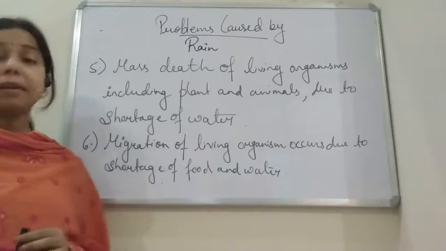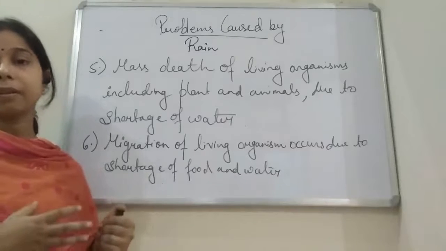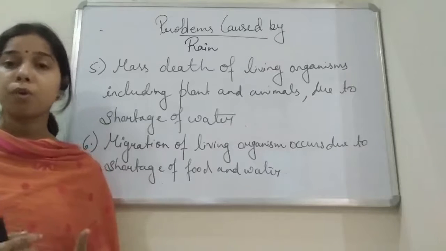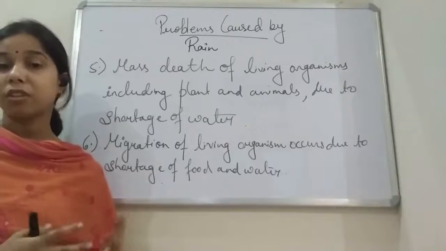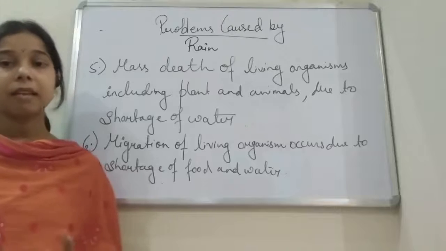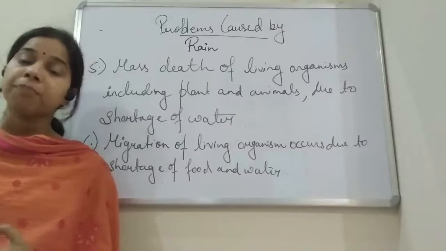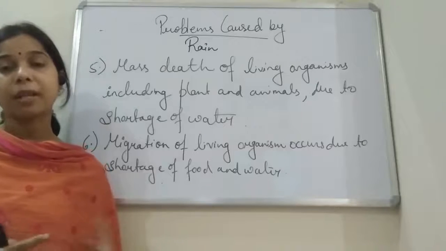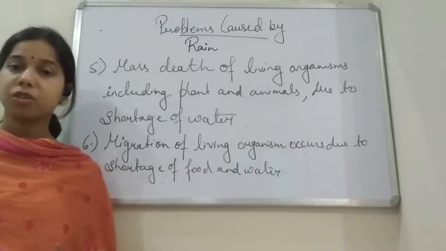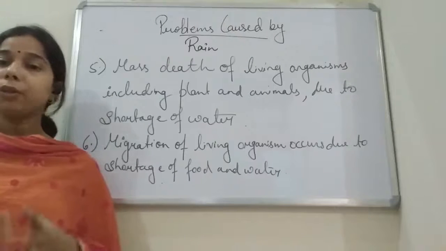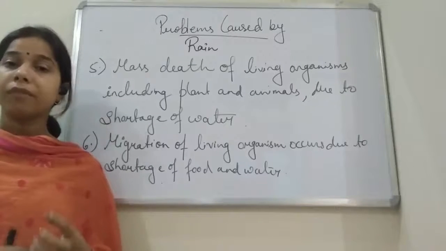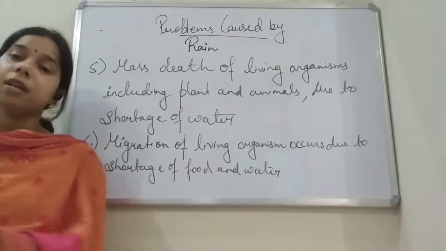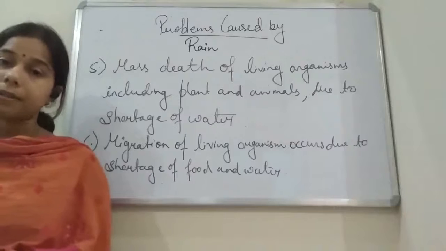Then we studied that not only the living organisms, but if you see the domestic animals, the proper growth of the vegetation like the grasses and the other fodder will not be possible due to the dry and patchy soil, and moisture is not present in it, due to which the shortage of the fodder for the domestic animals also occurs.